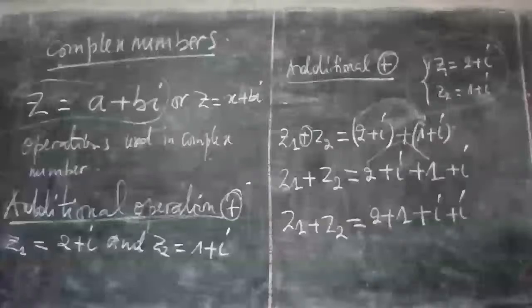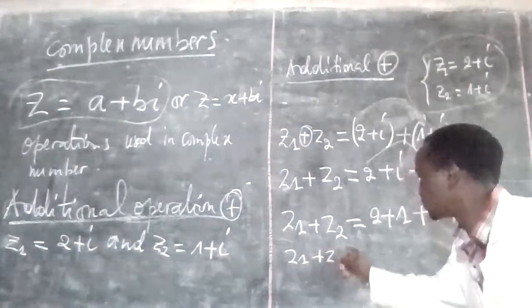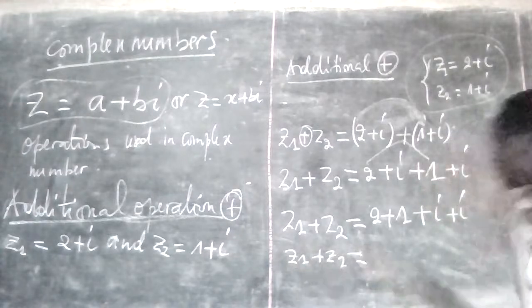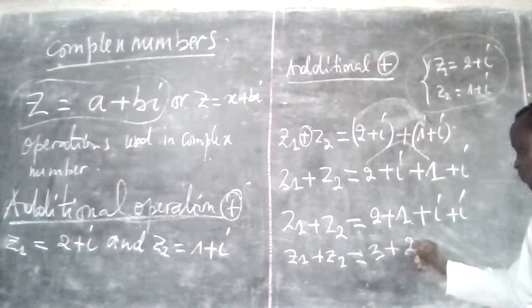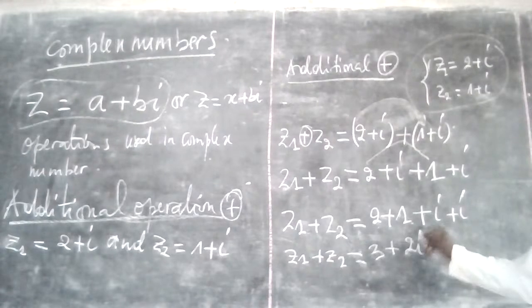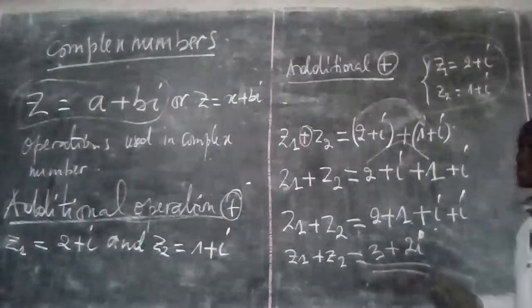Finally, z1 plus z2 is equal to 3 plus 2i. Now this is how to add complex numbers.